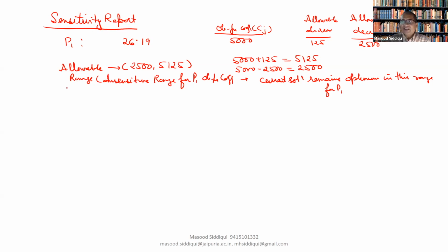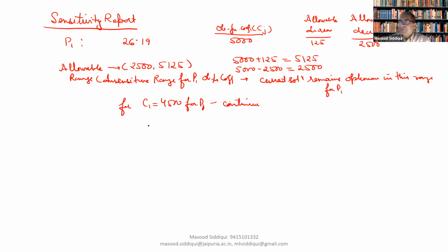So for a profit of 4,500 for product one, we should continue with this production because it lies in the insensitive range.